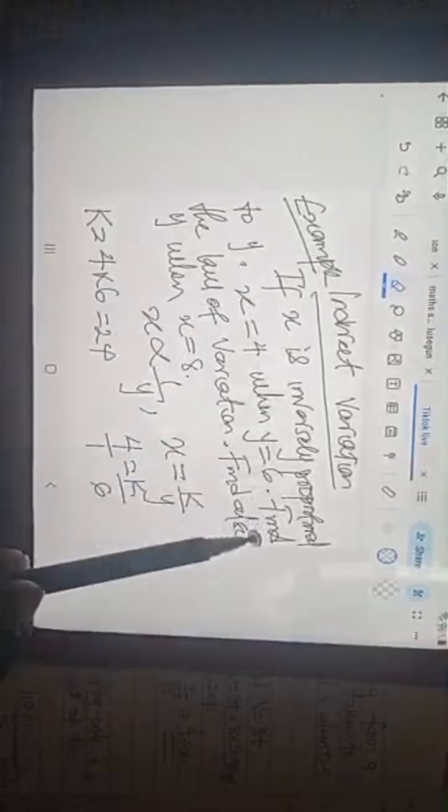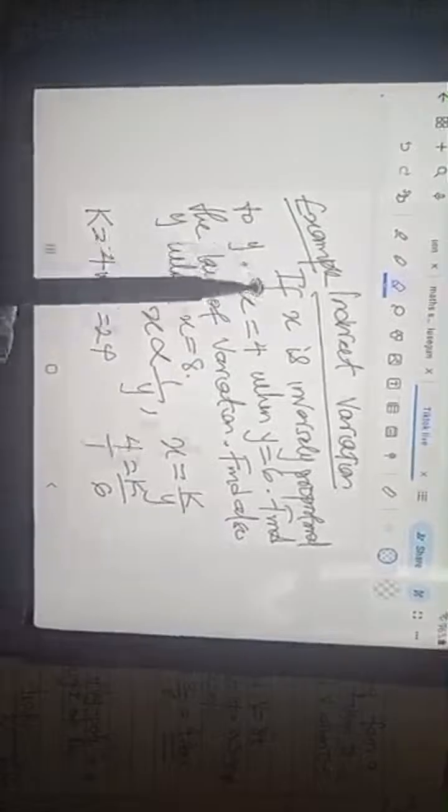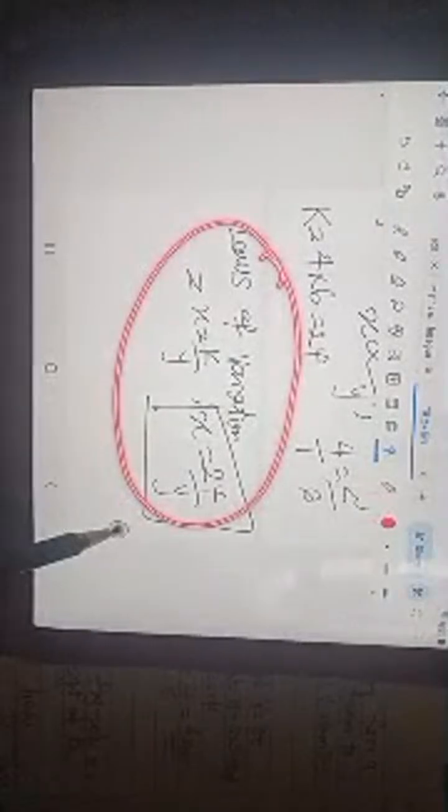So this is the example. Indirect variation. If x is inversely proportional to y, x is equal to 4 when y is equal to 6, find the law of variation. We are able to do that by applying this. The law of variation is x equal to k over y.